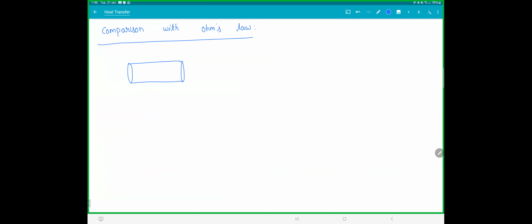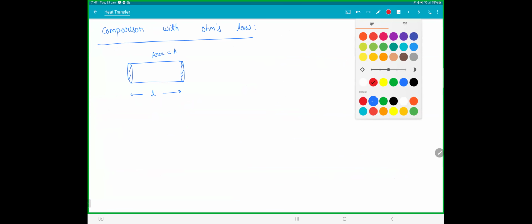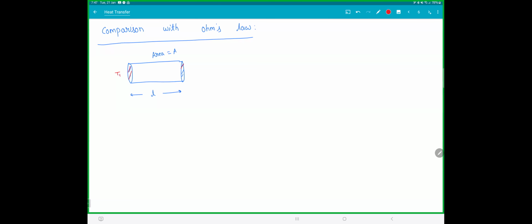So when you have this rod here, length L, area A, this is T1, this is T2, and let this heat current be dq by dt. If you look at the equation, dq by dt is equal to kA delta T by L. I can write this as delta T divided by L by kA. You can see the resemblance.